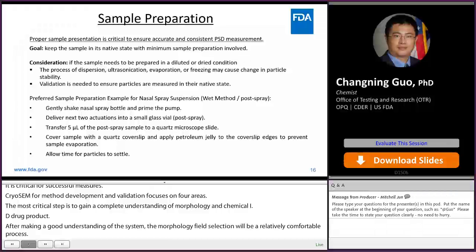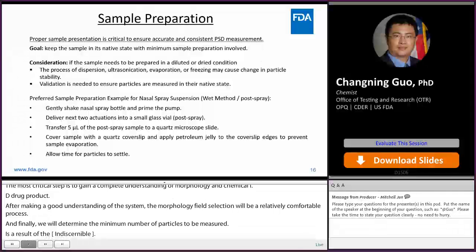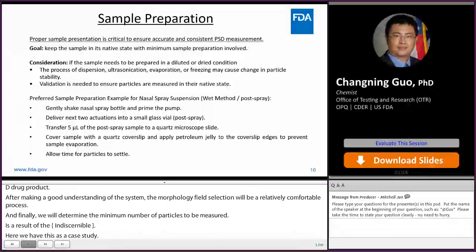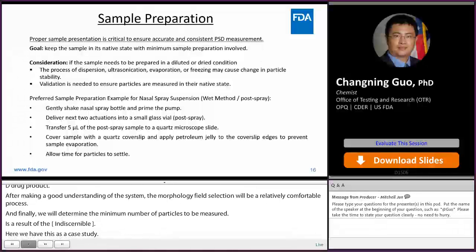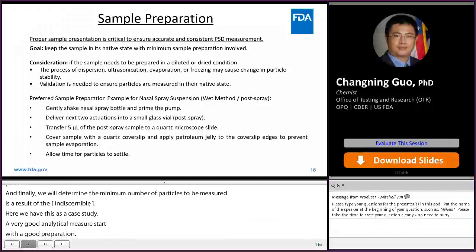Every good analytical method starts with a good sample preparation. Our goal here is to keep the sample in its native state, with minimum sample preparation involved. The reason is if the sample needs to be prepared in a diluted or dried condition, the process of dispersion, ultrasonication, evaporation, or freezing may cause changes in particle stability.